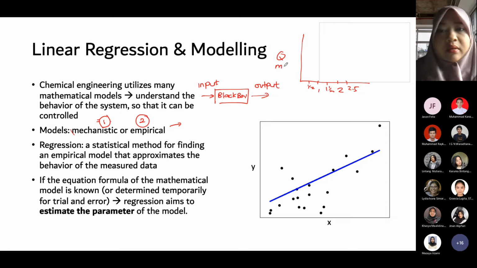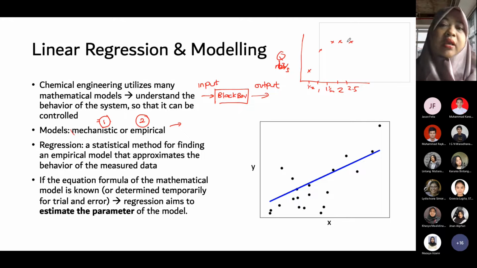So that is meters per second, or liters per second. Then we want to know the correlation, and maybe it looks like this, and then it becomes like that.